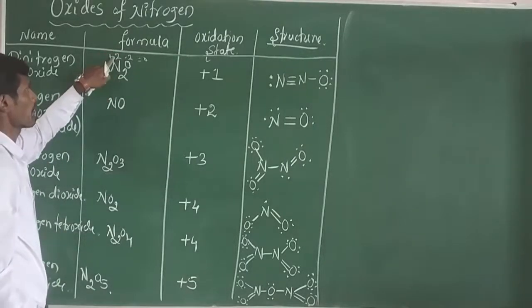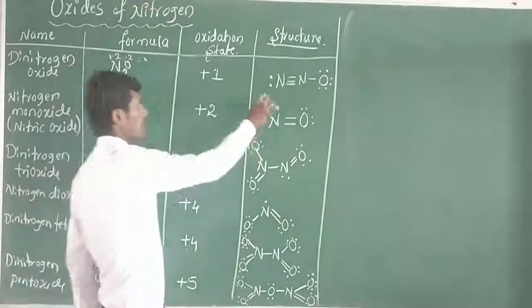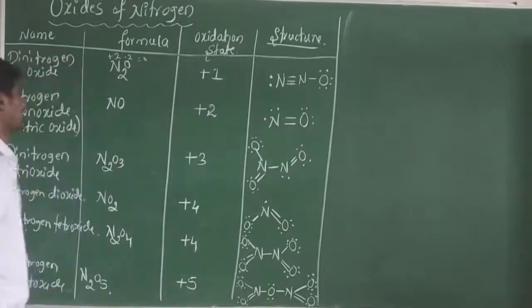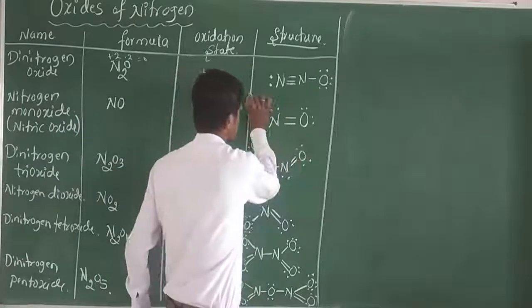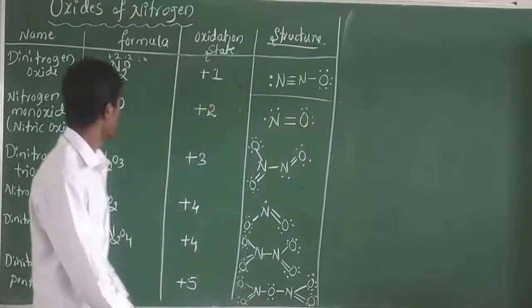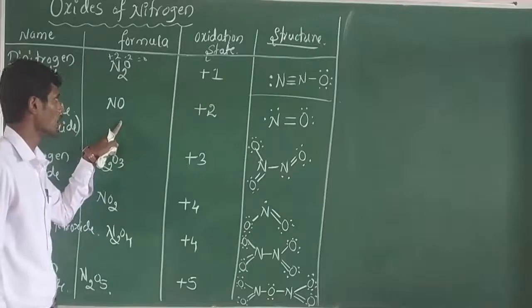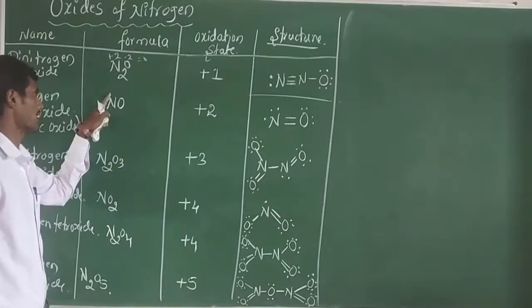N2 value is +2, but the value for a single N is +1. And the structure of dinitrogen oxide is like this. Please refer to the diagrams. And another one, nitrogen monoxide, also called nitric oxide. Its formula is NO. Here oxygen is -2, therefore nitrogen is +2.